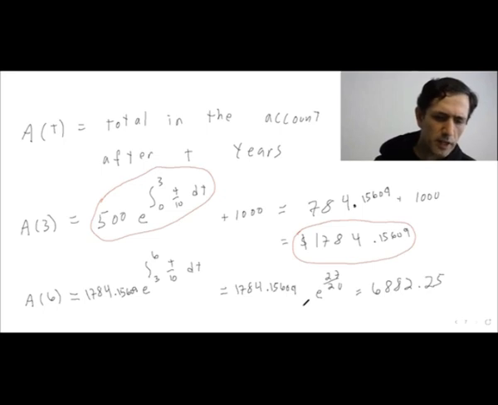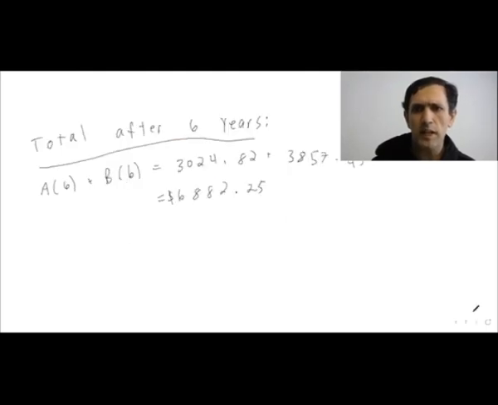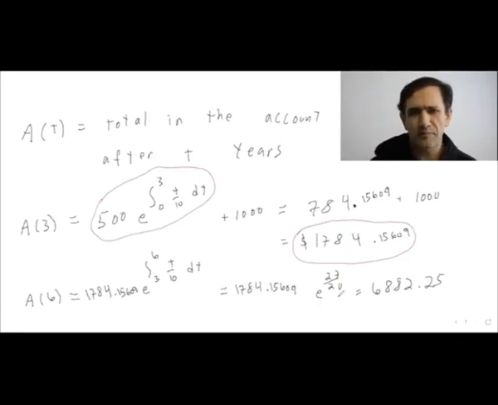Let's check what that is. Now you get exactly the same answer that we had before, 16,882 and 25 cents when you round to the nearest cent.